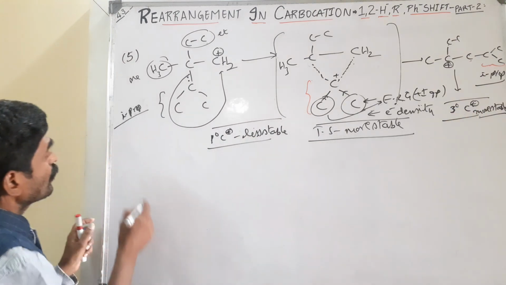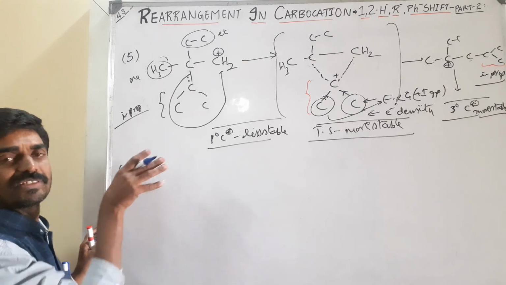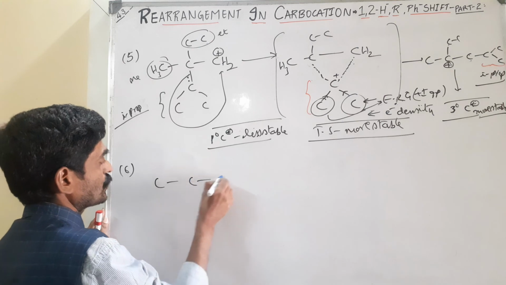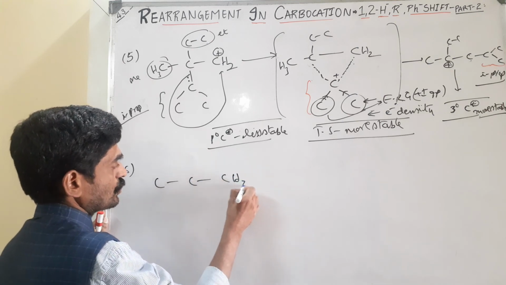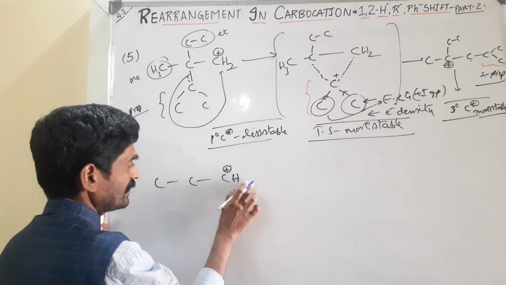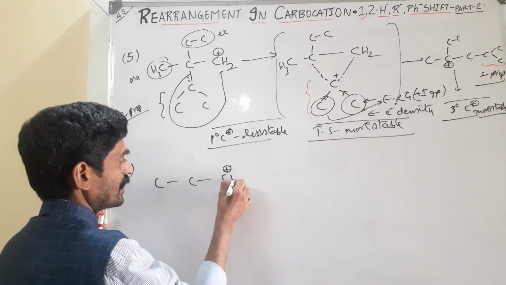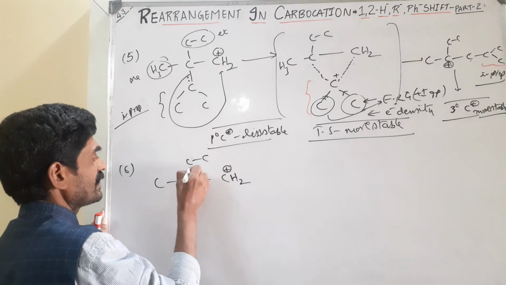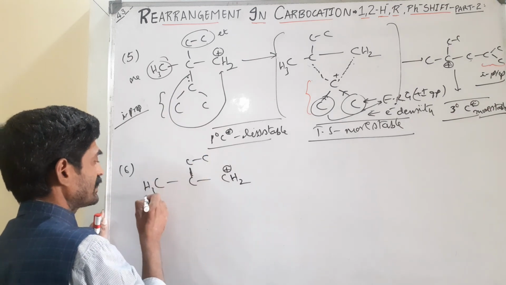Now, one more example, with one small change. See, 3 carbons, 1, 2, 3, and here CH2 plus carrying positive charge. Yes, it is primary. Then this is an ethyl group, and this is a methyl group.